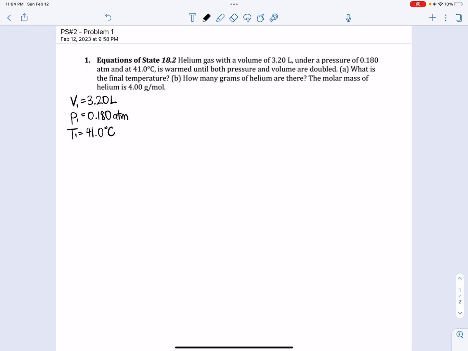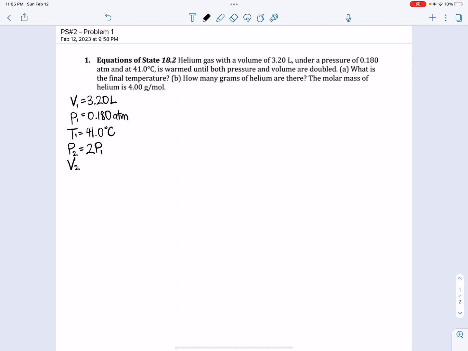So these initial values are warmed up until both pressure and volume are doubled. So that's saying that in the end, the pressure and volume are doubled. So P2, the final pressure, is equal to double the value of P1, so P2 is equal to 2P1. And same thing with volume.